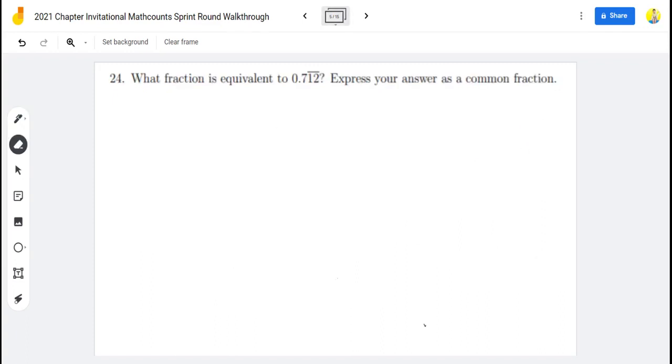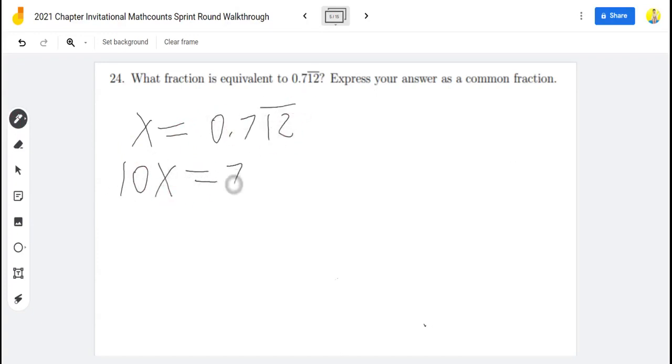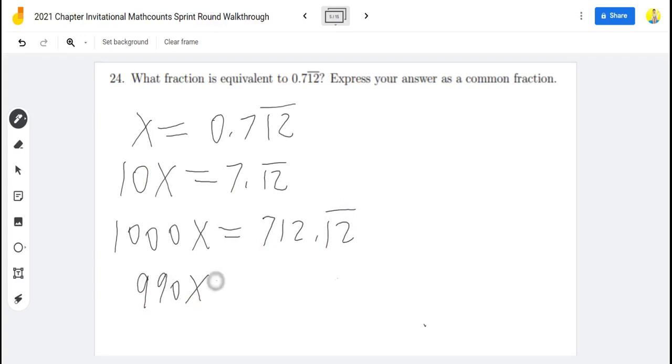On to question number 24. What fraction is equivalent to 0.7121212 repeating? Express your answer as a common fraction. Let x equal 0.7121212 repeating. 10x would be equal to 7.12121 repeating, and 1000x would just be equal to 712.12121 repeating. 990x is just equal to 705, meaning that x, or our original expression, is just equal to 705 over 990.